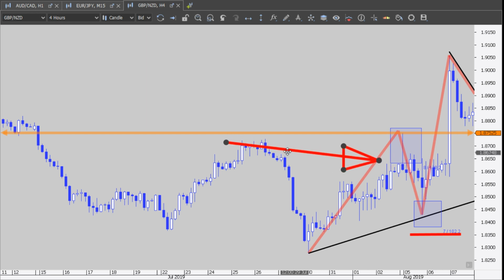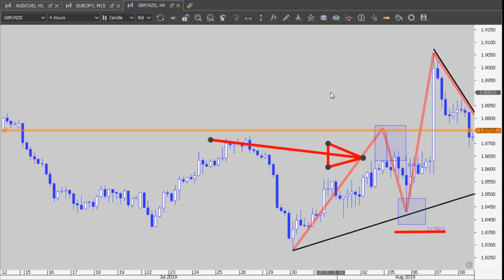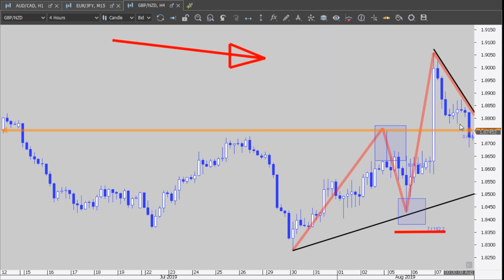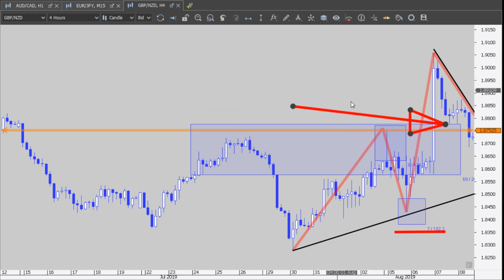Support and resistance are levels, are areas, everybody. It's not a line, it's not, oh, this support is at 1.87525. No, it's an area.